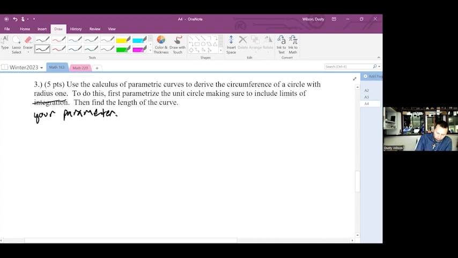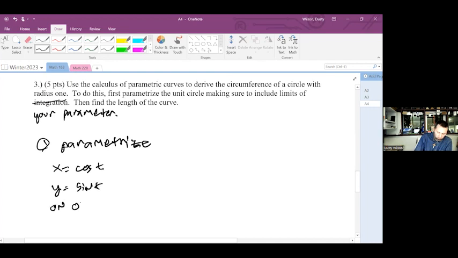So we're going to parameterize. We're going to let x equal cosine t and y equal sine t. And this is all on 0 less than or equal to t, less than or equal to 2 pi.